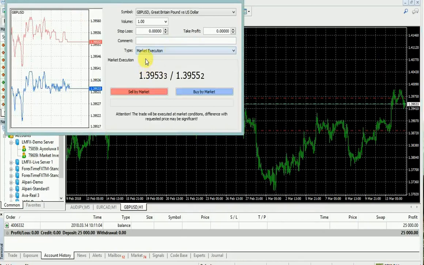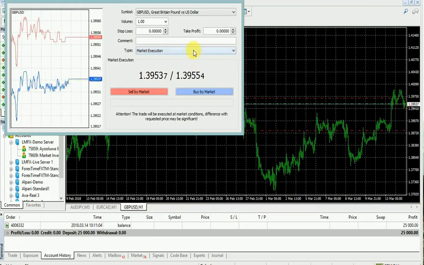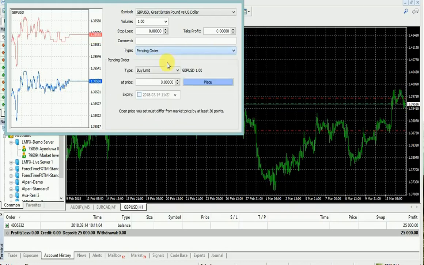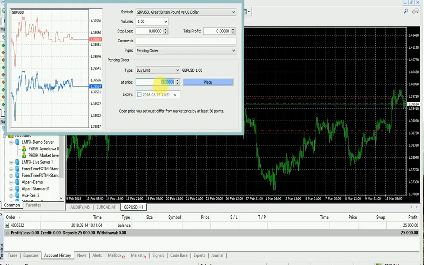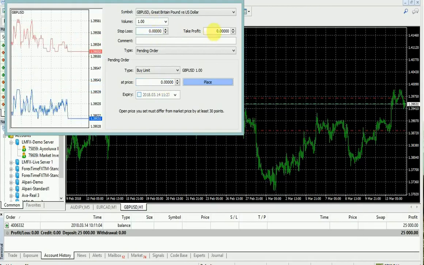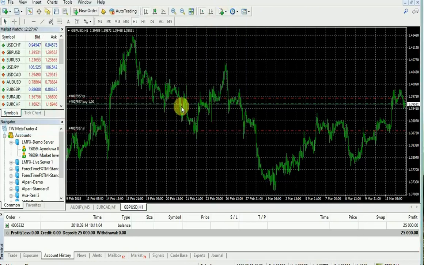We did market execution because the trade was ripe for the taking. We took it immediately. But if the instruction says pending order, you have to come here, set your pending order, and tell the software the price that you want the trade to be done. And after it has activated, you now go ahead to set your stop loss and your take profit points. So that is how to trade.